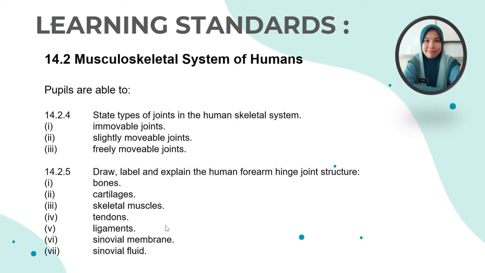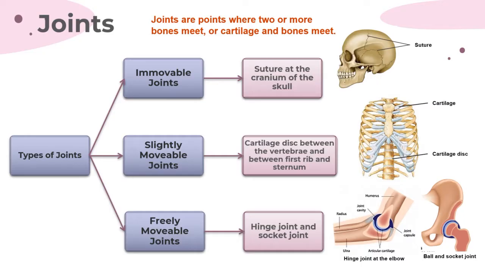You have to draw, label, and explain the function of each structure. Now we go to the first learning standard. You have to know what a joint is and what the types of joints are.